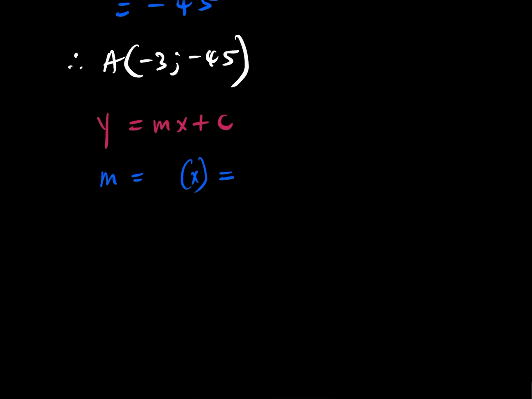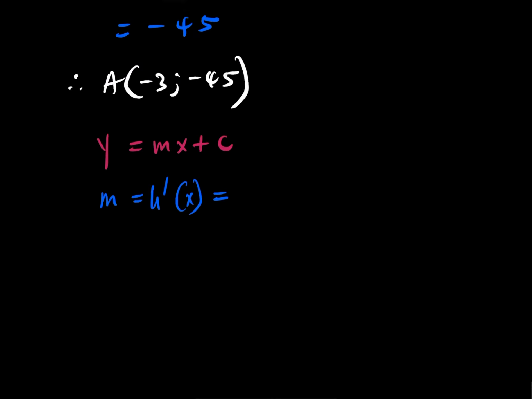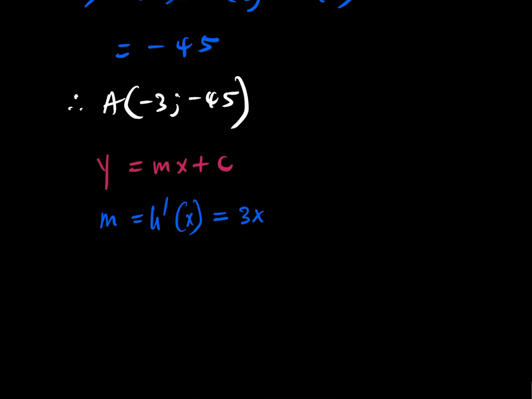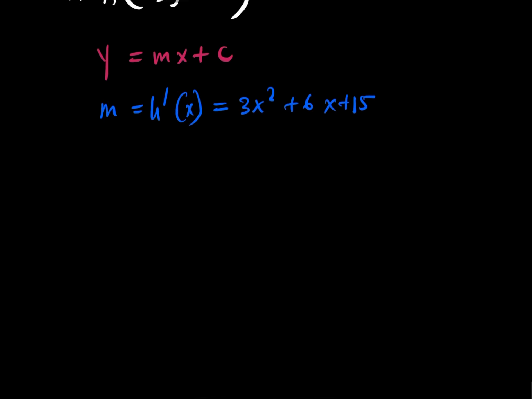you'll forgive me, guys, for writing f. So I'm going to put h prime there. And if you derive h prime, what do you get? You get 3x squared plus 6x plus 15. So you need the gradient at x equals -3.